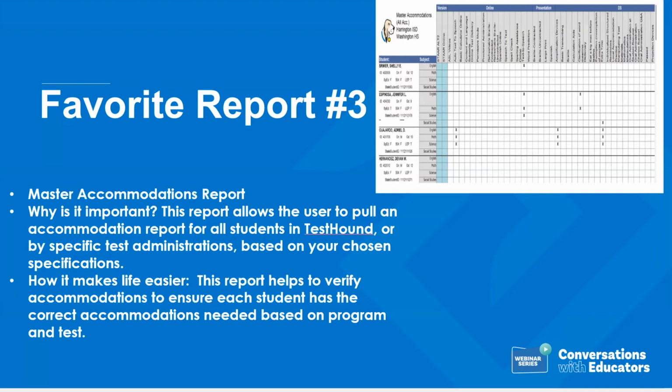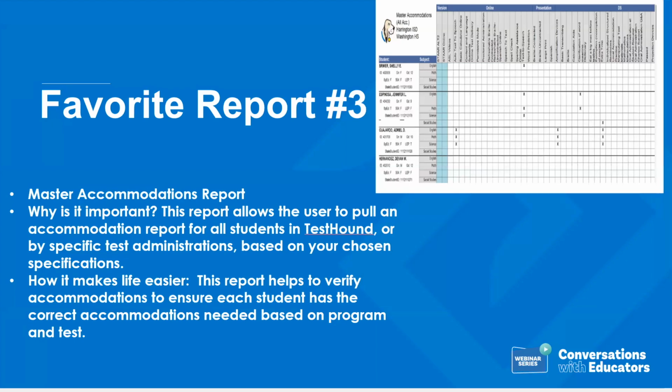And there's just one more way you can verify the accommodations beforehand and maybe even set up a data point or data check before testing to avoid those irregularities or changes in accommodations that may be needed right before testing starts. We all know we do our dead level best to make sure that accommodations are accounted for before state testing, but there always seem to be those last day or two or last week accommodations that need to be changed. So this is just one more verification piece that can assist you with that.